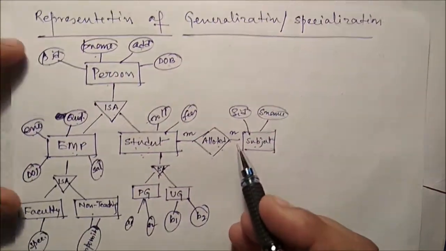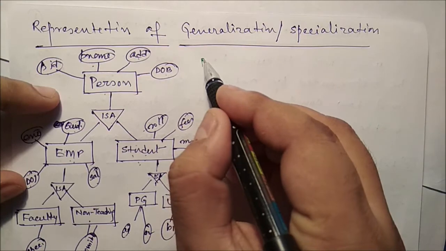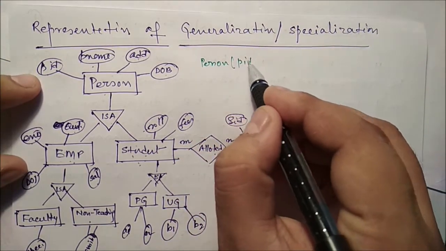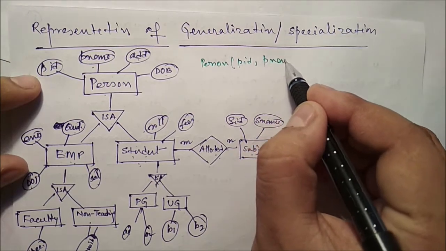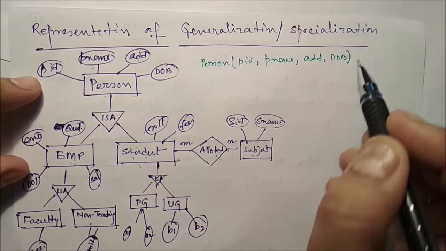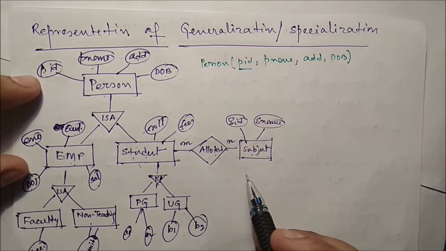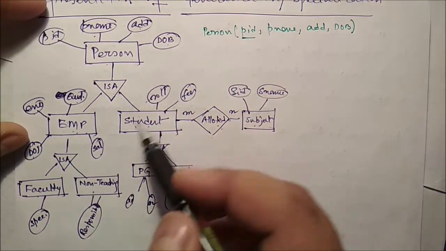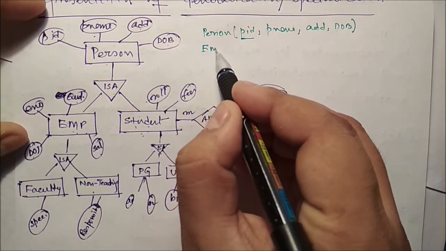So here we need one table for the person, where the attributes are person ID, person name, address and date of birth. Person ID will be the primary key. Now this is our employee, so we need one table for the employee.